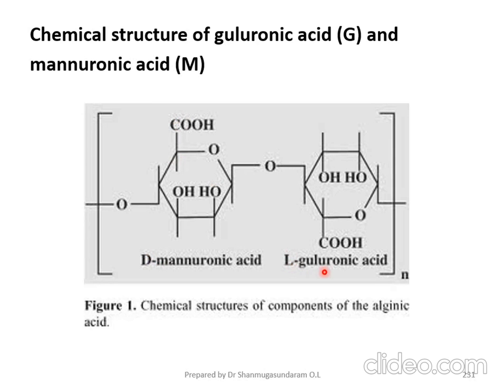So in guluronic acid, the COOH group is present in the L position, whereas in mannuronic acid, the COOH is present in the D position. Like ortho, para and meta positions, here also we have D position and L position. This is the chemical structure of the monomers present in your alginate polymer.